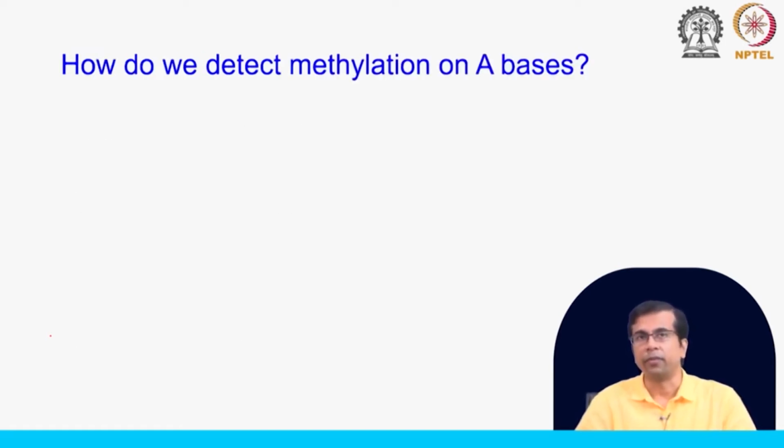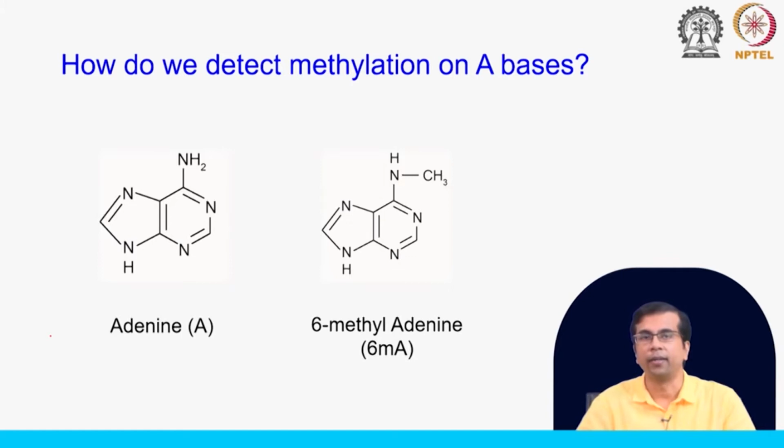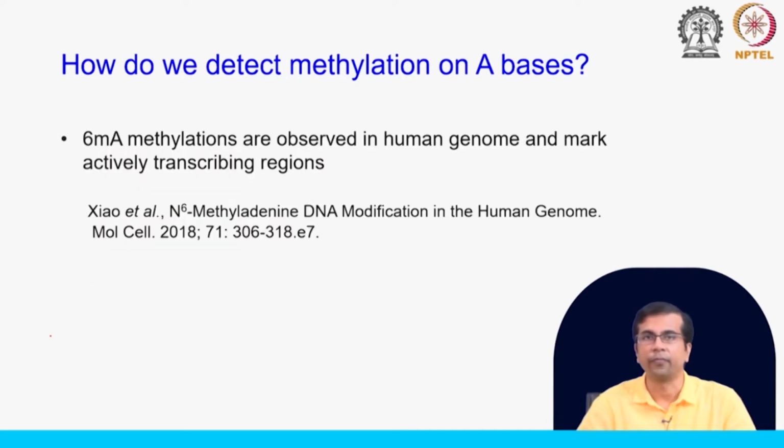So, the question now is, how do you detect methylation on A bases? This is something that we want to identify, and just to remind you, the modification that we see on A is called 6mA. The modification on A is very common in prokaryotes, and it's thought to be uncommon in eukaryotes, especially in mammalian cells.